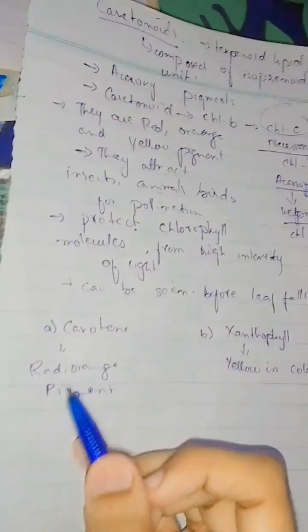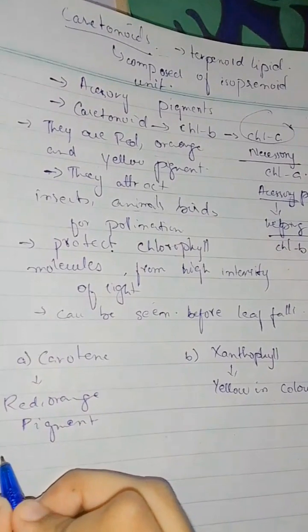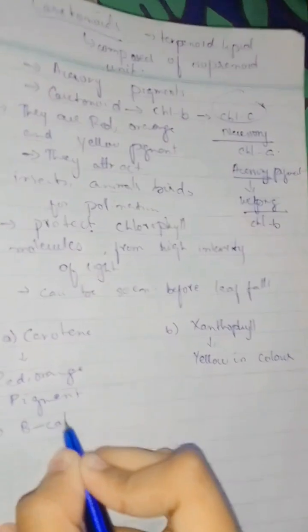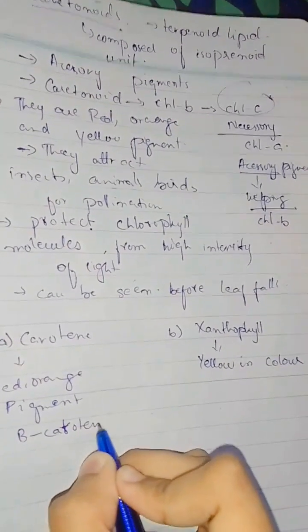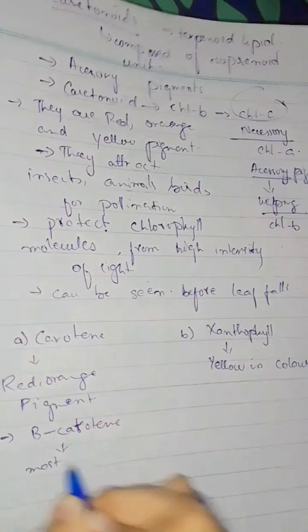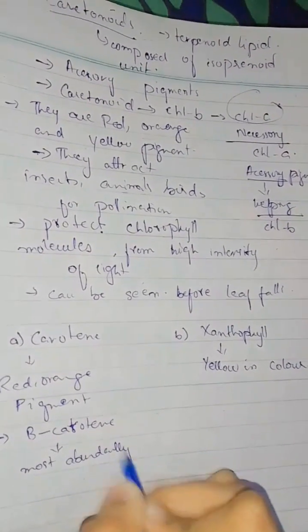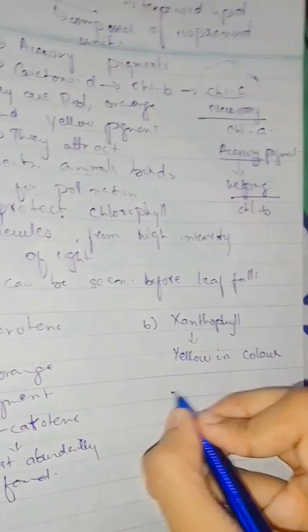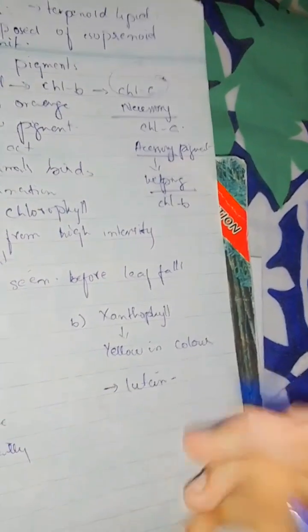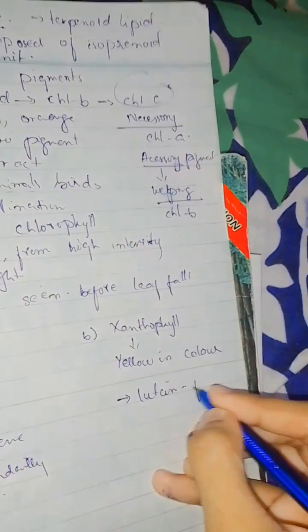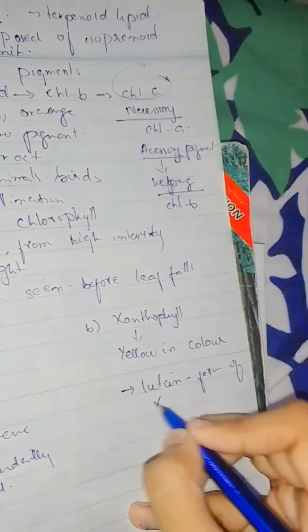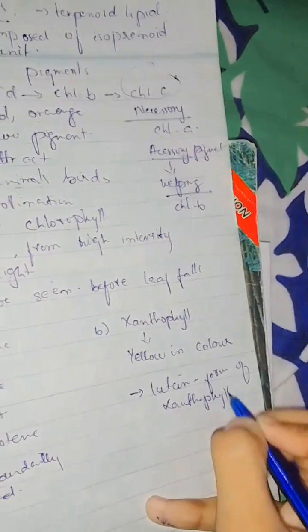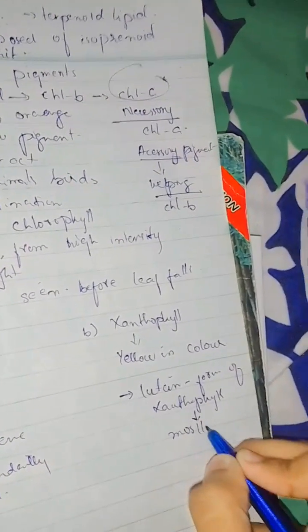So carotene is a red orange pigment, and the most abundantly found carotene in nature is beta carotene. If we talk about xanthophyll, lutein is a form of xanthophyll that is most abundantly found in nature.